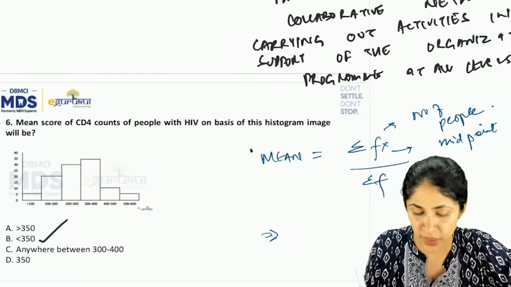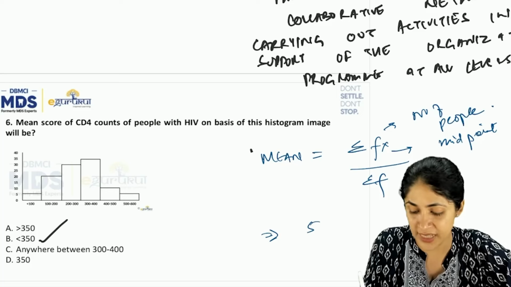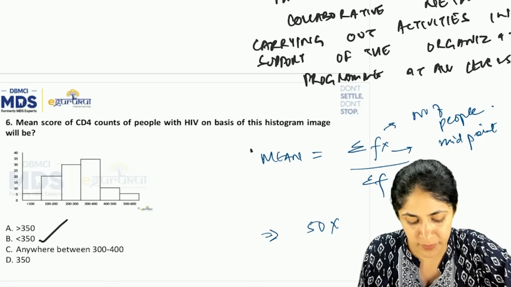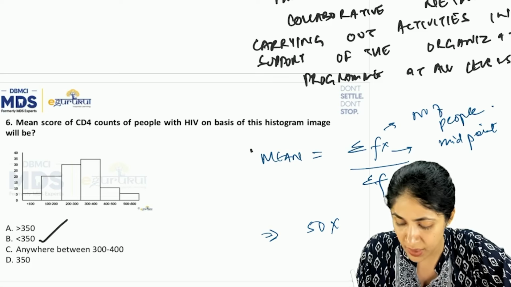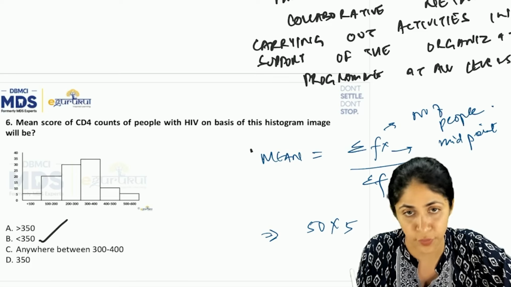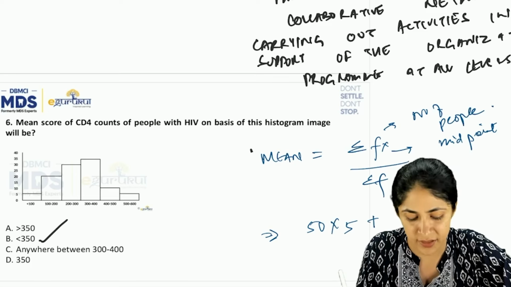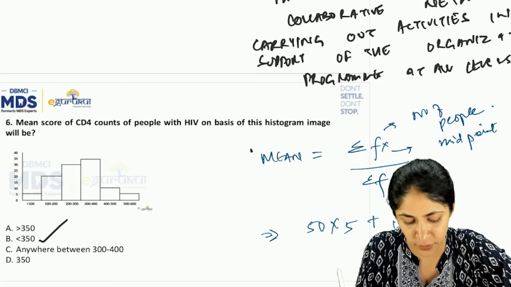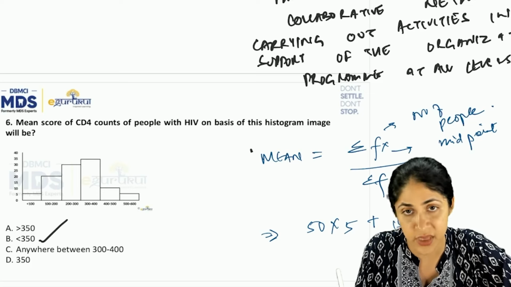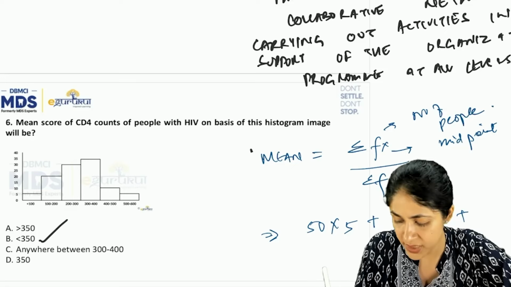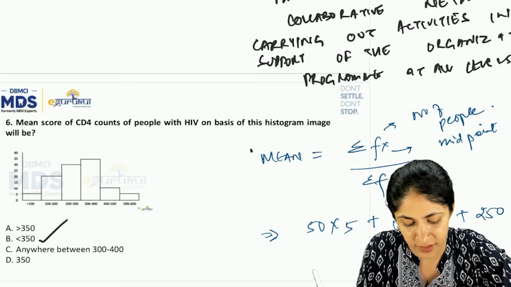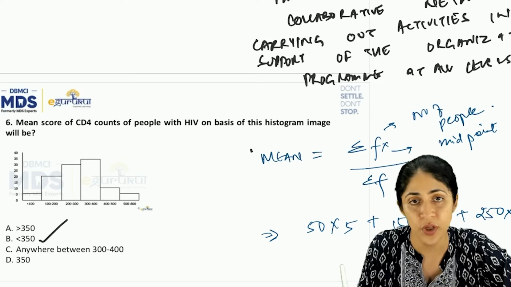Here the midpoint is 50, and the frequency is 5, so 50 into 5, plus the midpoint 150 into 20, plus the midpoint 250 into 30.